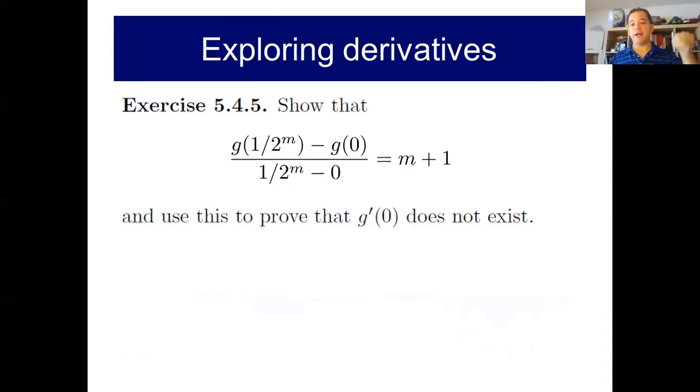Our function has a period of 2. So we've also proved, by periodicity, that the derivative doesn't exist at 2, at 4, at 6, at 8, or 10. So we did more. And that's good. So we already have a bunch of points, but obviously not all of them. So let's keep going.